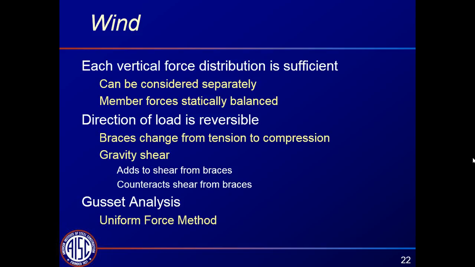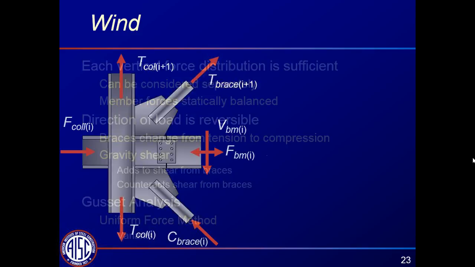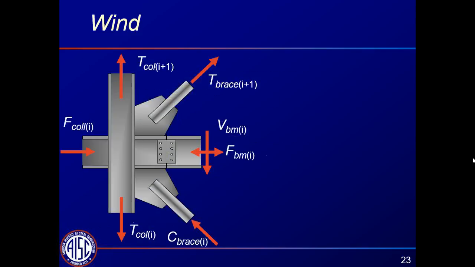In order to design these joints, we have to analyze the gusset plate. Often the uniform force method is used or some variant on it, and that's a pretty straightforward method. So here's a free body diagram of the assembly.